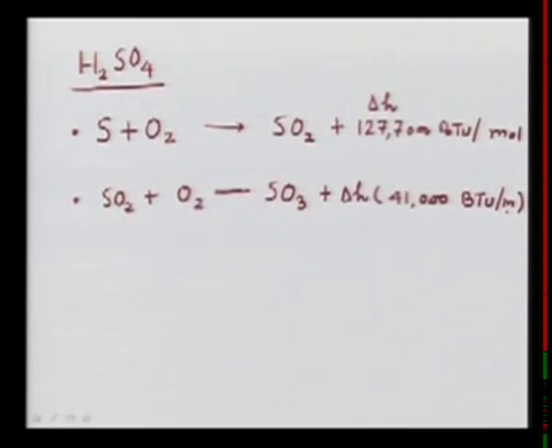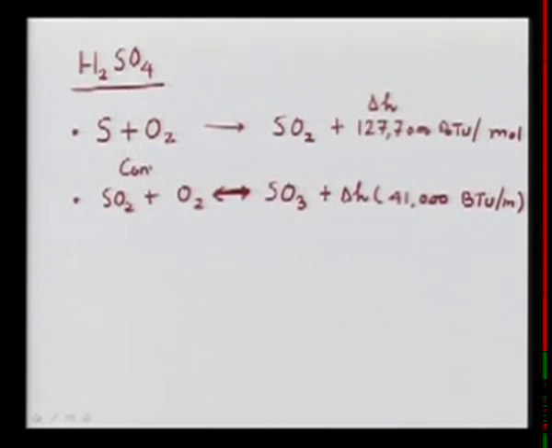The interesting part, the heart of the entire sulfuric acid production, is this equation. And why do we call it the important equation? Because this equation is reversible. So SO2 can go to SO3, and SO3 can also break down back into sulfur dioxide.